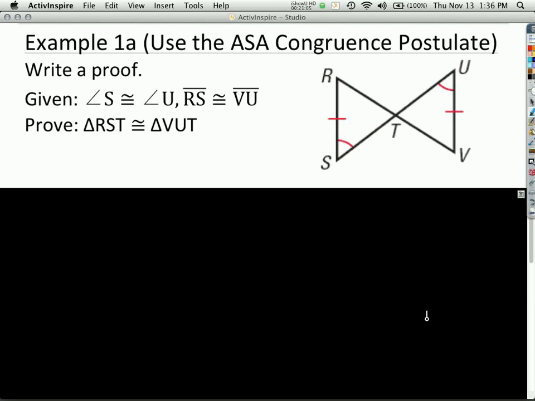All right. So everything that's written in the given statement is also indicated in the diagram. And we're asked to prove the two triangles are congruent.